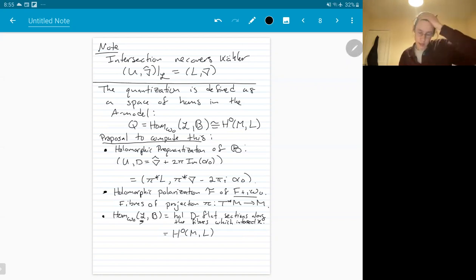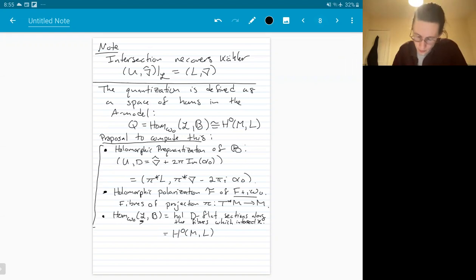We want to do that in this case, but there is one problem: this original polarization might not be adapted to the tensor product structure. So in order to implement this construction, you need to choose a polarization which is well behaved with respect to the tensor product structure.